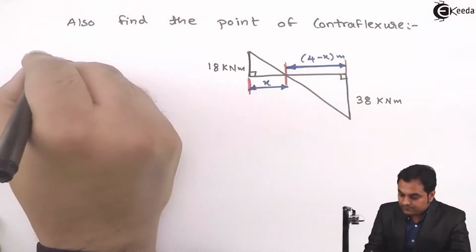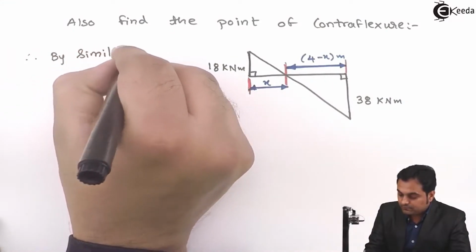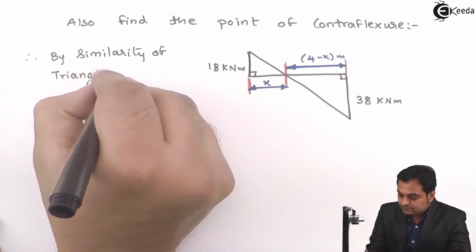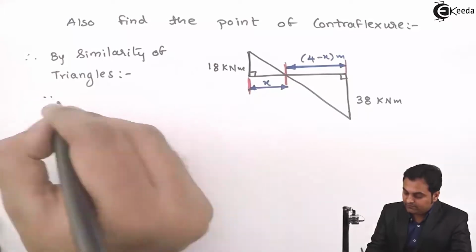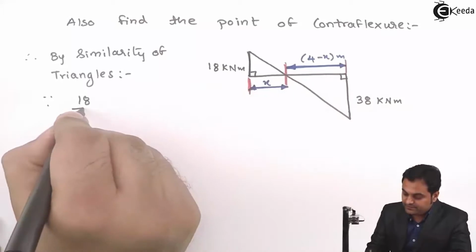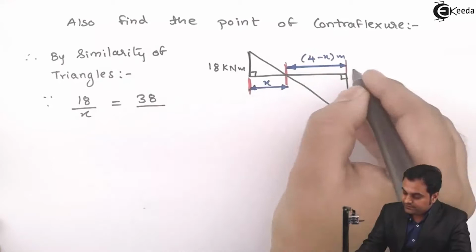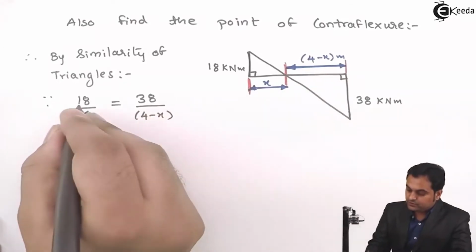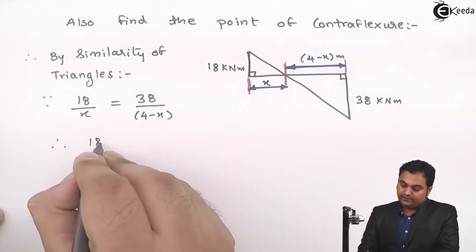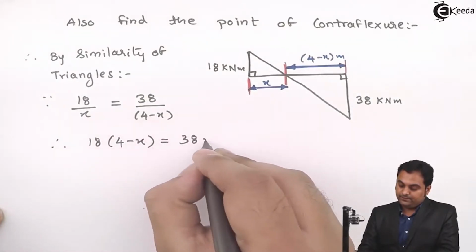Therefore, by similarity of triangles, since we have 18, the height of this triangle divided by the base, which is x, is equal to 38 divided by the base, which is 4 minus x. So height will be in front of height, base in front of base. Therefore 18 into 4 minus x, cross multiplied, is equal to 38x.